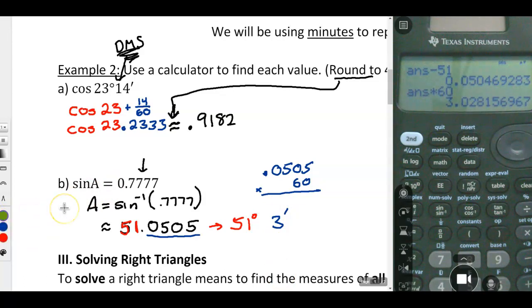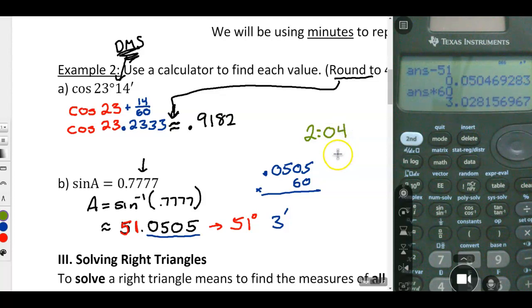Now, much like a clock, much like time, minutes work exactly the same. One little formatting issue: if it's 2 hours, 4 minutes, how do you write that on the clock? 2:04, right?